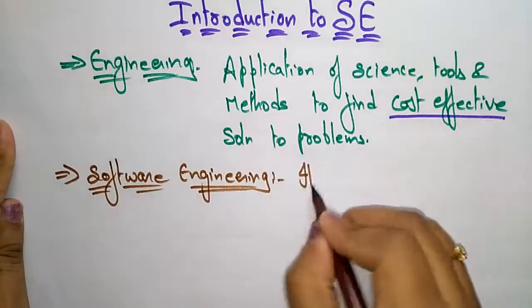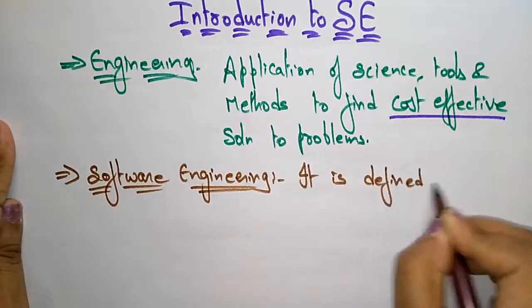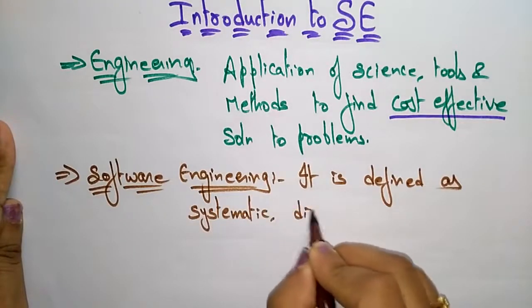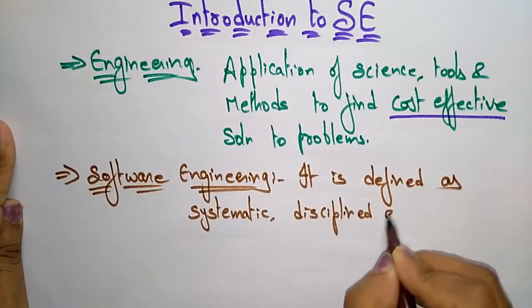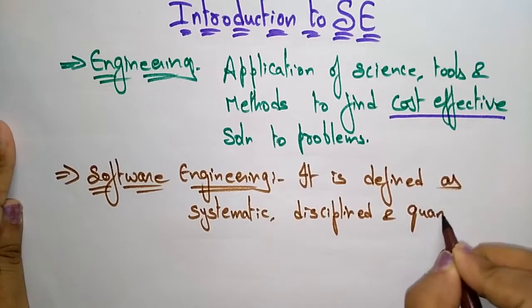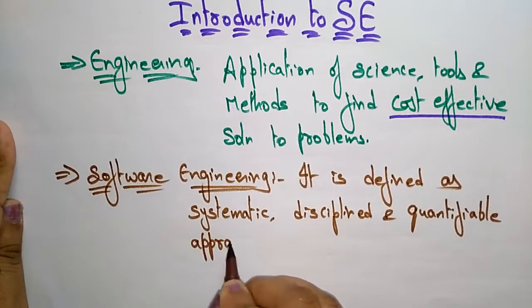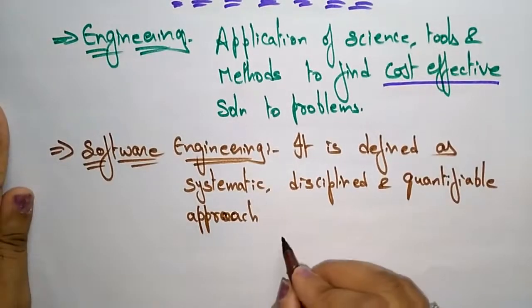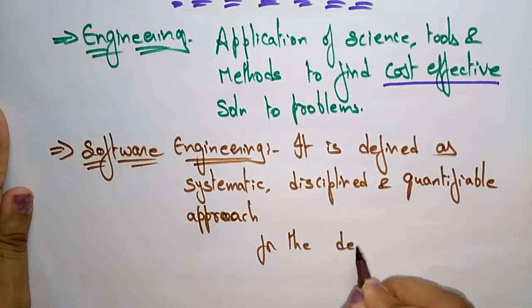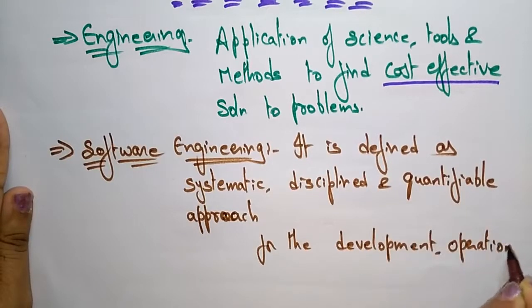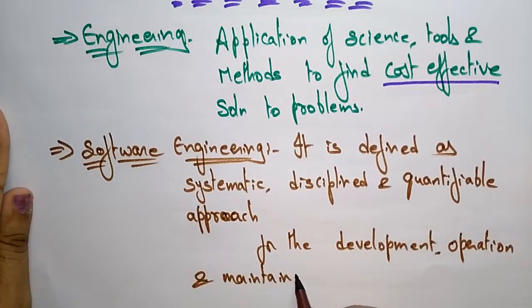Software engineering is defined as a systematic, disciplined and quantifiable approach for the development, operation and maintenance of software. So this is the definition of software engineering.